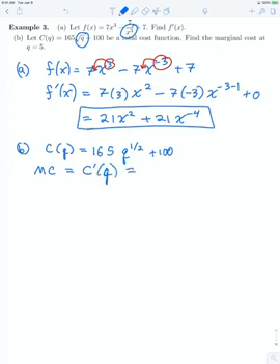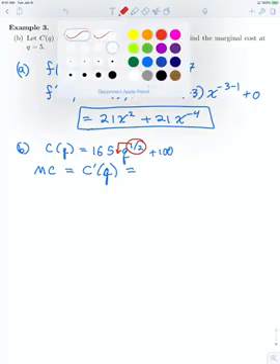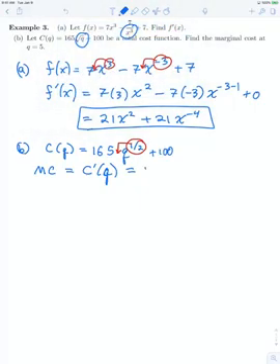And so I should be looking at my usual derivative rules, the same rules as before. The 1/2 should come down in front, and then I should subtract 1 from 1/2. So this is 165 times 1/2. And again, if you're at all confused about the subtracting, just write it out right on top of that q.